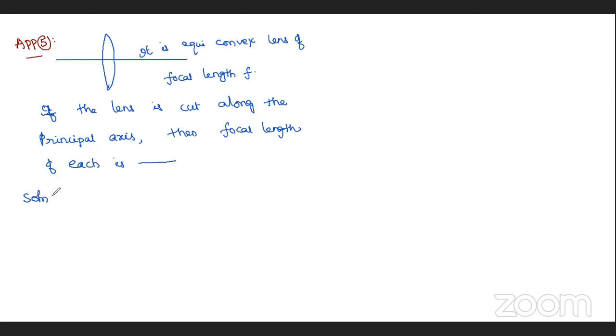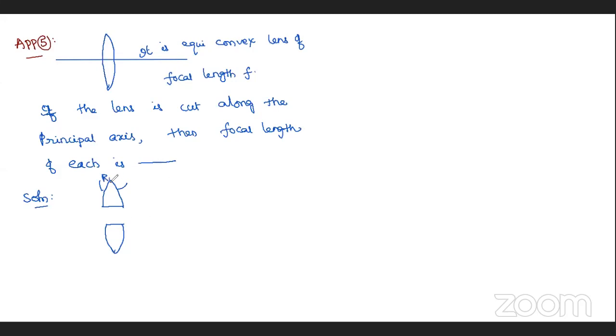It will not change, sir. Why? Because the radii of curvature are not changing. Very good. That is simple logic. Still after cutting, the two pieces have the same radius of curvature. Same. Even after cutting, if you complete it as a sphere, you will get the same radius.